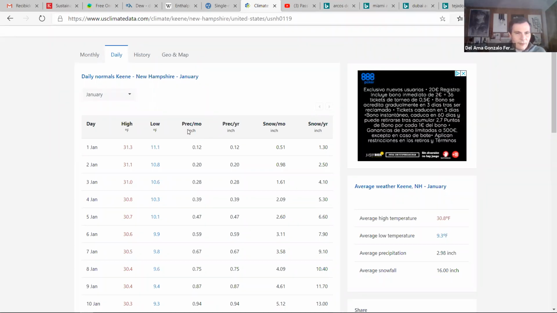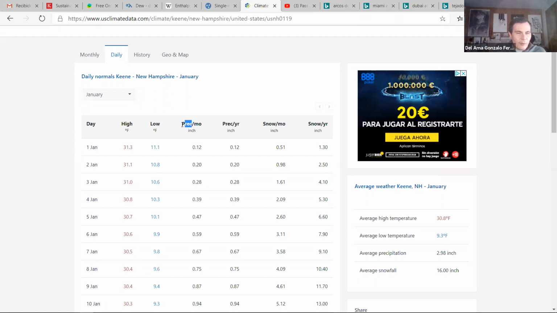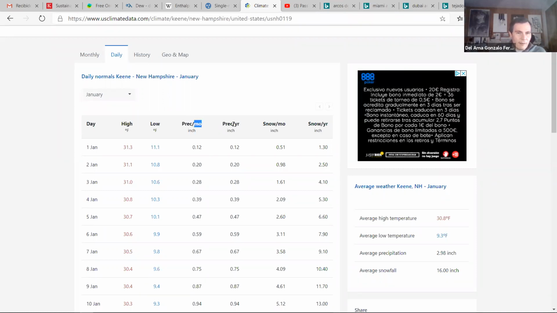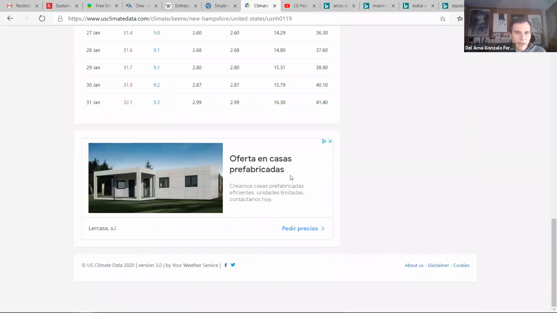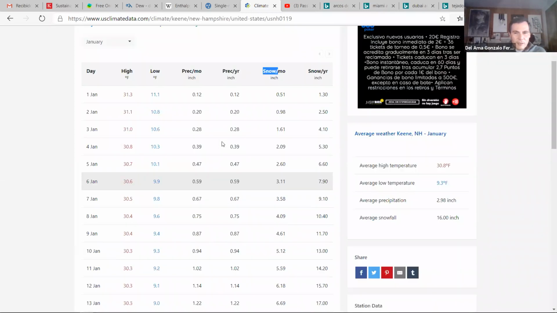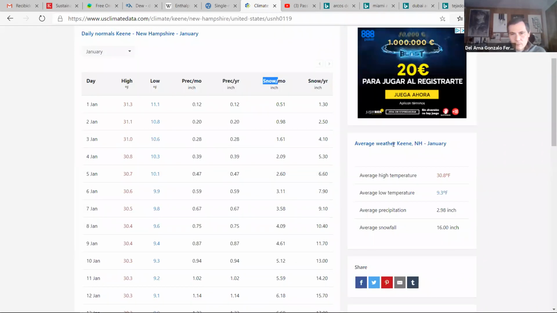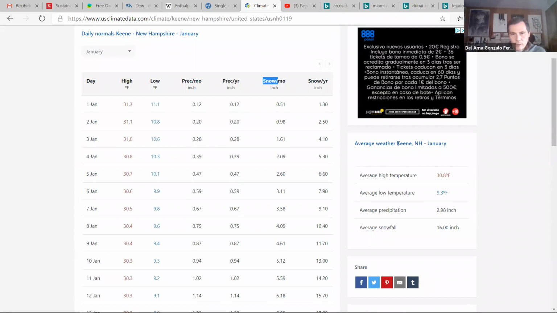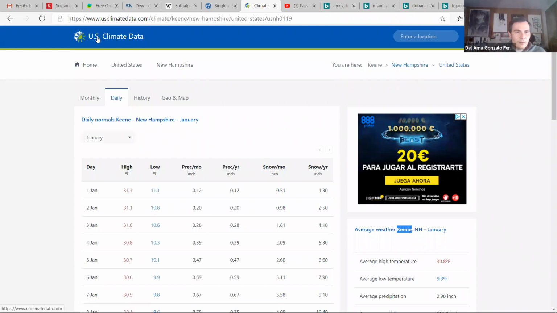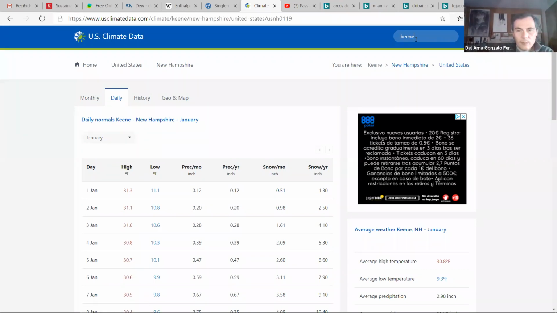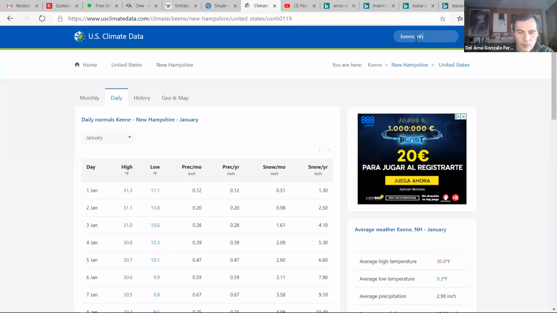Here we have the amount of rainwater that we have per month, per year, the amount of snow per month, per year. And somewhere we will find the relative humidity. By the way, I'm working with Keene, New Hampshire. So if you open this US climate data, here you type Keene, New Hampshire.